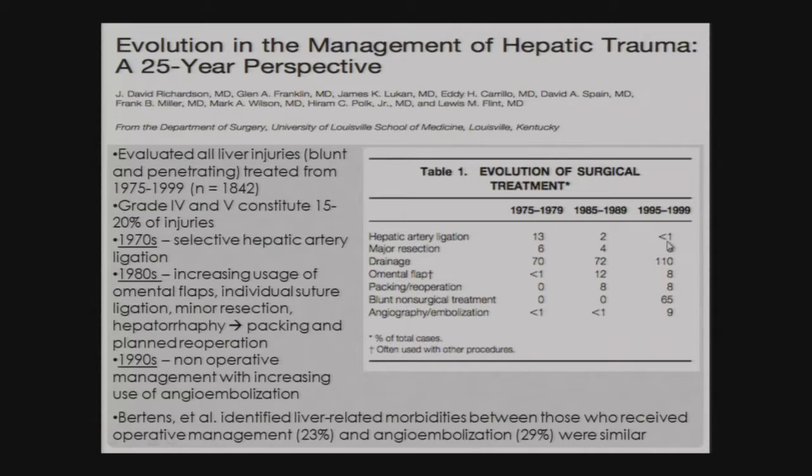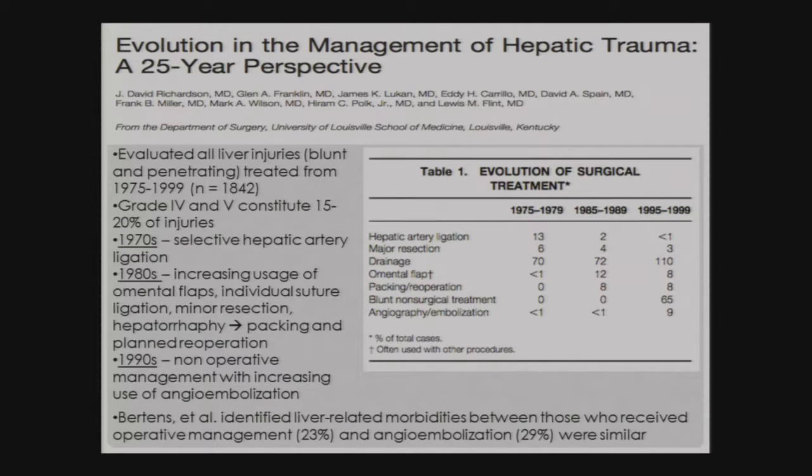And then you see an increase in non-surgical treatment from 0 to 65%, and then an increase in embolization from less than 1 to 9. Obviously, that goes hand in hand with increasing technology with angioembolization. The catheters and wires and embolic agents just weren't there in the 70s.